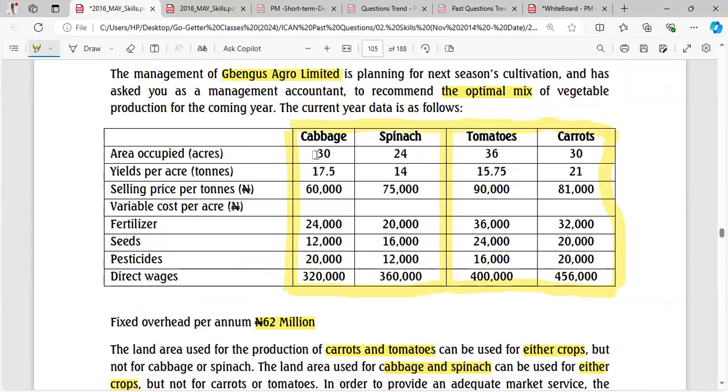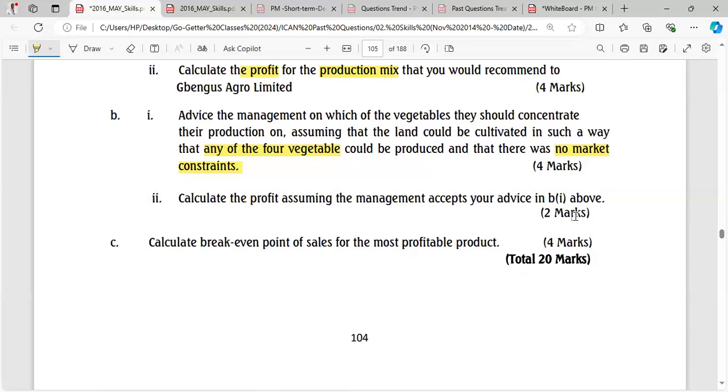You can plant cabbage here, can plant cabbage in the tomatoes area, can plant cabbage in the carrots area. You can plant anything anywhere. Which will you concentrate on? And they say there is no market constraint, means market is not your problem. You can get as much as possible. So which will you concentrate on?